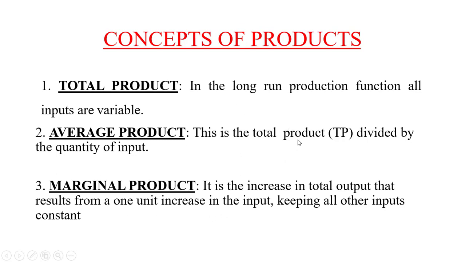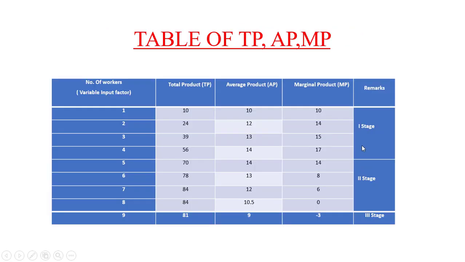These things will be clearer to you if you know the relationship between these with the help of a diagram and with the help of a table. Now let's see the table of TP, AP and MP, I have written the short form. TP stands for total product, AP stands for average product, and MP stands for marginal product. So here I have given the combinations of input, what inputs you are going to take.